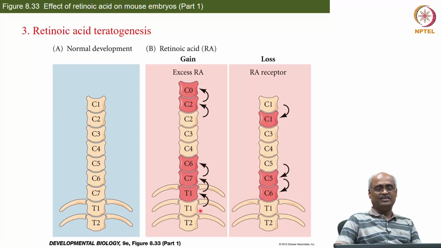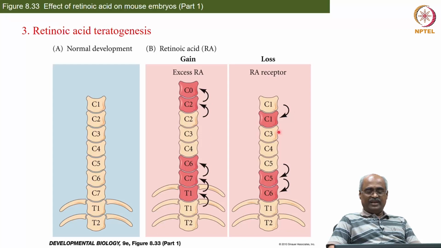When retinoic acid concentration is increased by incubating the embryo at the appropriate stage in high concentration of retinoic acid, then you have the shift happening anteriorly. As a result, cervical vertebra gets converted into thoracic, forming these ribs here. So C6 becomes C7 and so on.